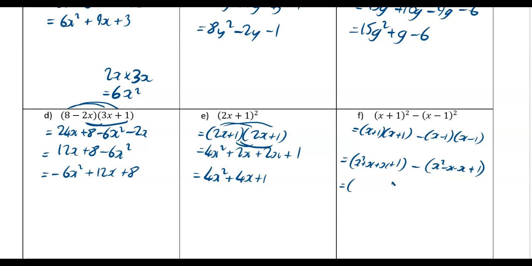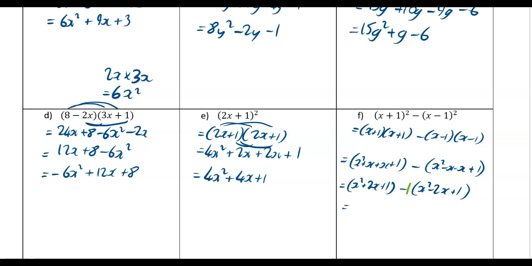Okay, before we get rid of the brackets, let's tidy up inside those brackets. So you're going to have x squared plus 2x plus 1, and over here you're going to have x squared minus 2x plus 1. Now I can get rid of these brackets. Now you might remember from an earlier video, I said a minus in front of a bracket just really means it's like a minus 1 is multiplying everything in that bracket.